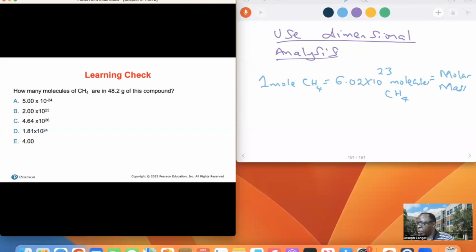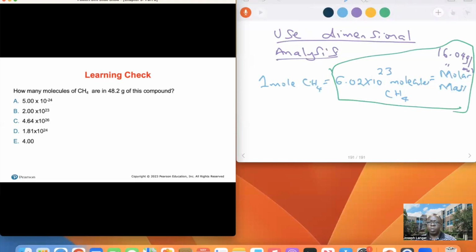And the molar mass of this is 16.04 grams per mole. This is the molar mass of methane, CH4. So this question is about the molecules, so here we have molecules and grams. We'll have to derive our equivalent statement from here. Not moles. We're not talking about the moles, it's the molecule.